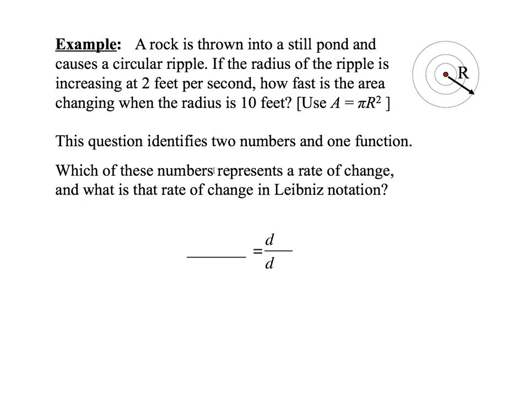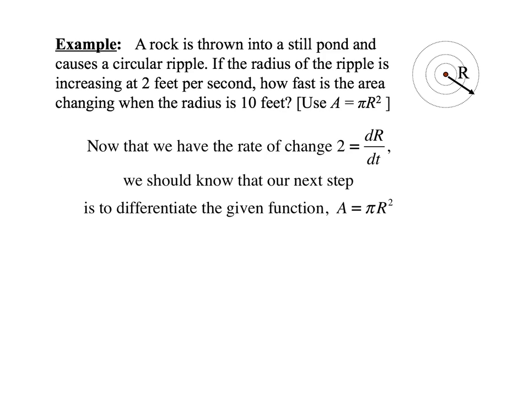So the number that I just talked about is 2, and that is dr/dt, the rate at which the radius is changing with respect to time. So now we've got that portion of the equation. 2 is equal to dr/dt, and we have a function.